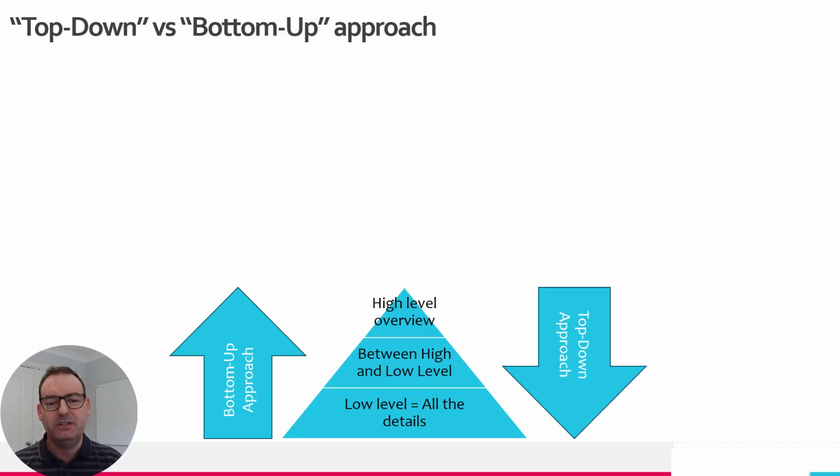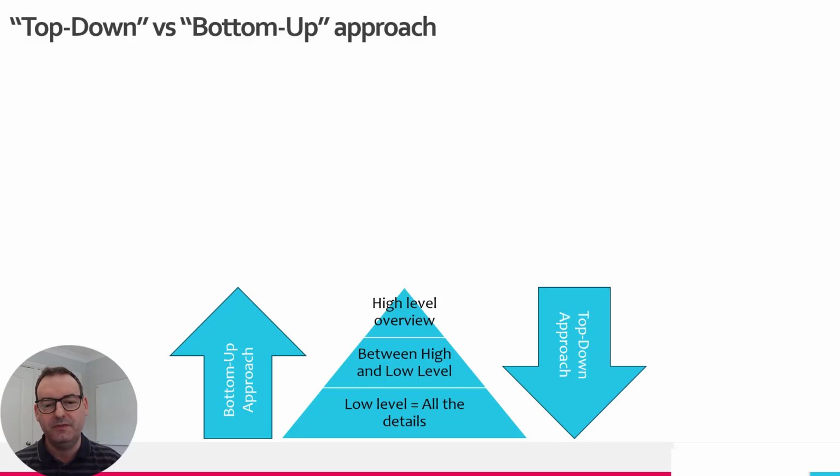So at the bottom, you see a triangle, and at the lowest level of the triangle is the lowest level, where you have all the details and all the data and anything you want analytically available to you. And at the high level is the opposite. It's more conceptual, there's less data available, and in between is sort of between high and low level.